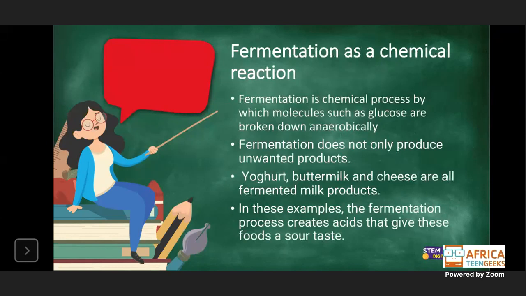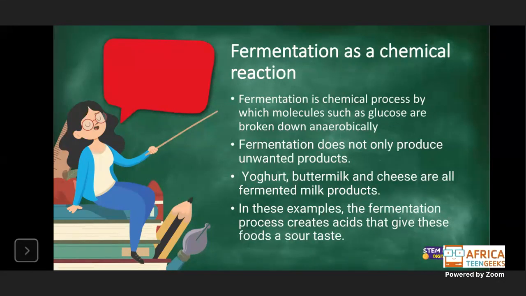Then let us look at fermentation as a chemical reaction. Remember when we read the key questions, we were asked about indigenous chemical reactions. Fermentation is one of those indigenous chemical reactions. It is a chemical process by which molecules such as glucose are broken down anaerobically.